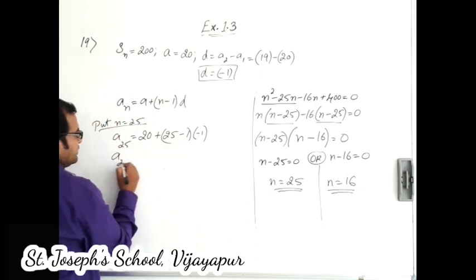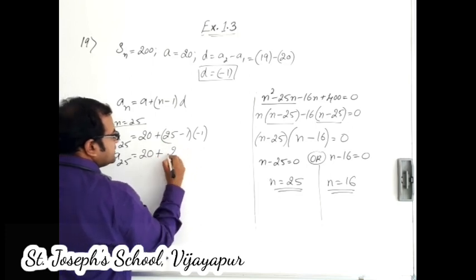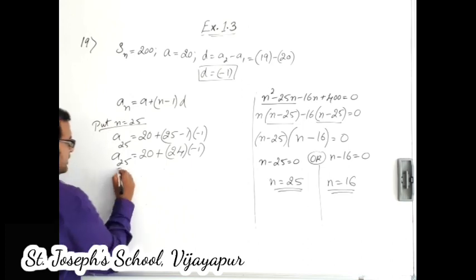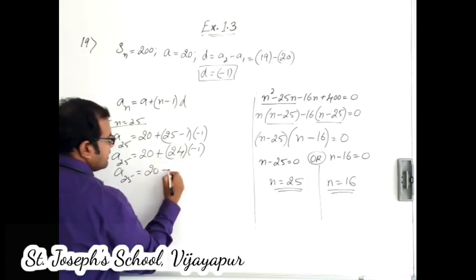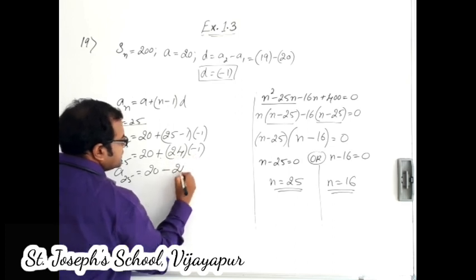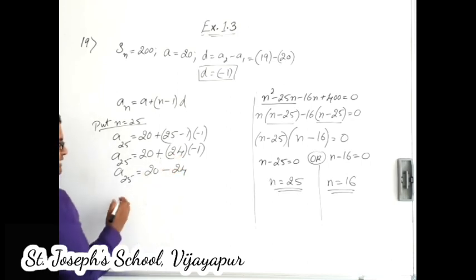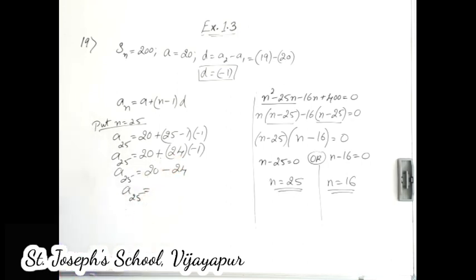Simplify this. a_25 is equal to 20 plus 25 minus 1, which is 24, into minus 1. Now a_25 is equal to 20 plus into minus, minus, 24 ones are 24. Anything multiplied by 1 is itself.